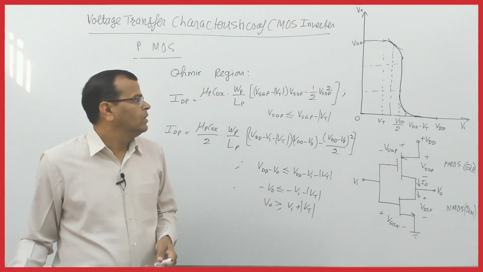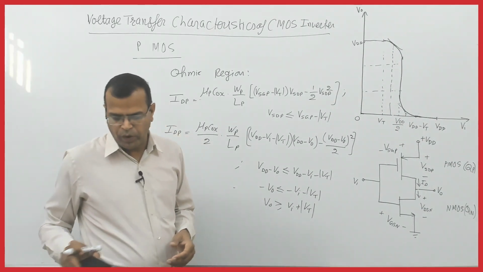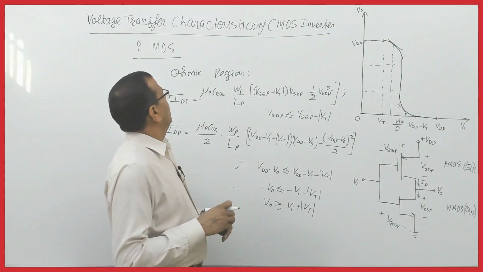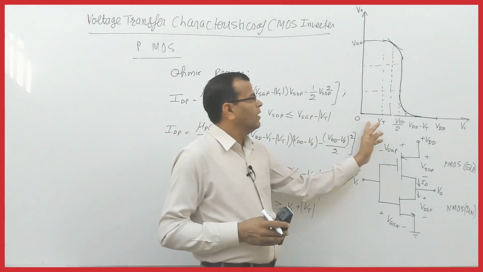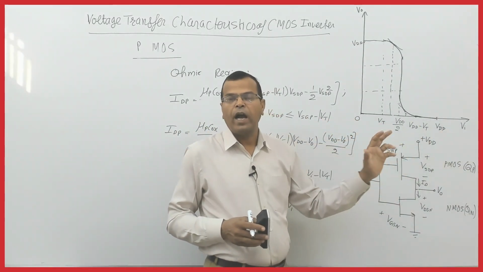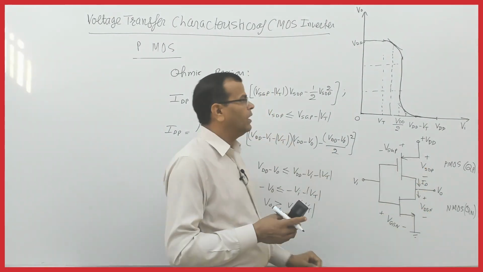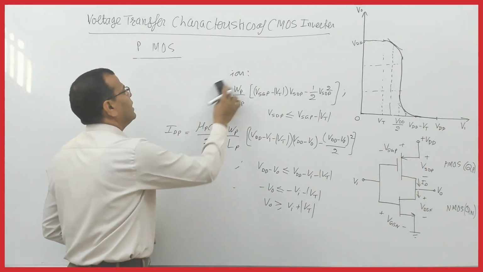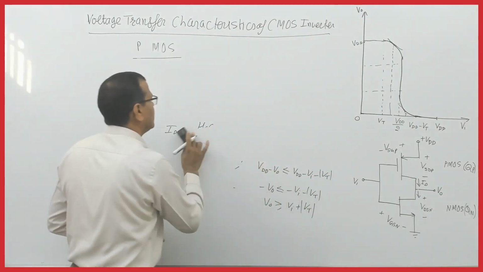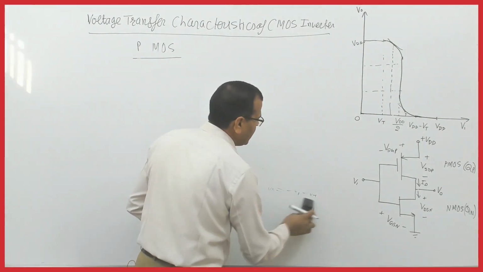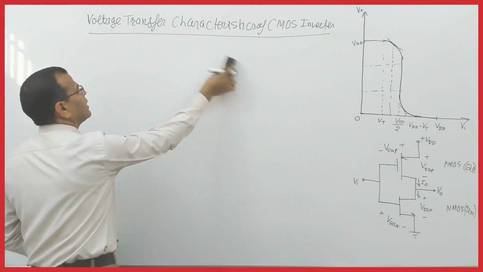Fine. So now we will see the different cases one by one. That condition will be the range of input voltage and the operation of the different devices, PMOS and NMOS. Let us see the range of input voltage. Here I will again be taking different segments of input voltage.